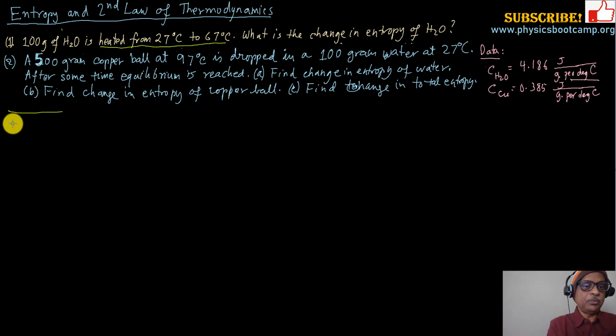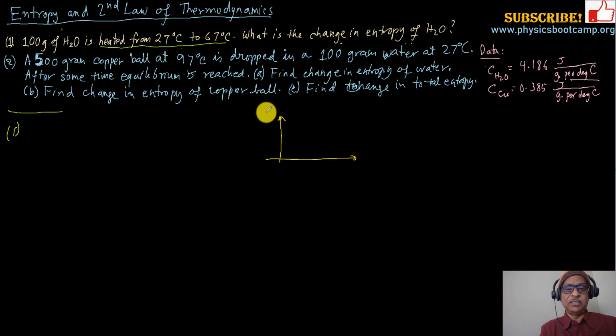Okay, so to do 1, it's probably straightforward. You can see that the temperature of water has gone from here to there, and we can imagine a reversible process. No matter how it's done, let's call this temperature, and let's call this pressure. So it's done, say, at constant pressure. Temperature was here, and then it became over here.